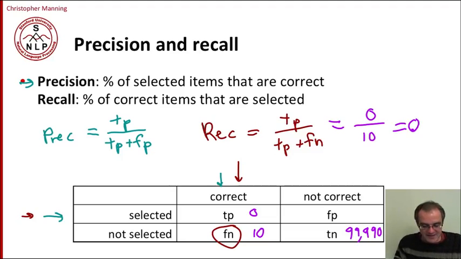And so this suggests we'd actually want to do better by returning some stuff. So what we'd like to do is label some things as shoe brands. So we could revise the system, and maybe we'll have it return 40 things as the name of shoes.